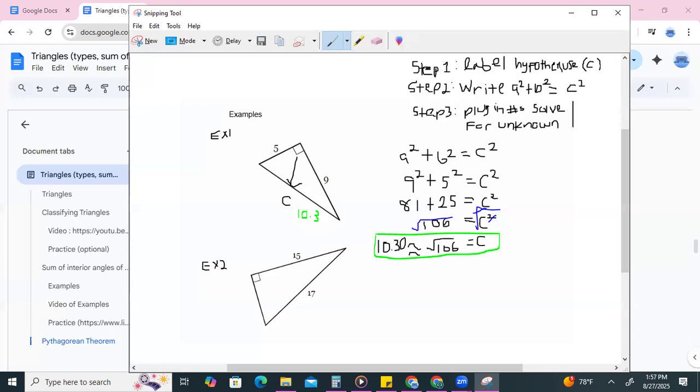If they ask for the exact answer, you want to write the square root of 106. If they ask for an approximate answer, you write to the 100th place, 10.30. To the 10th place, 10.3. Let's move on to example 2. Again, the first two steps are always the same.